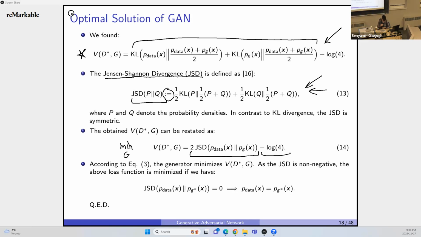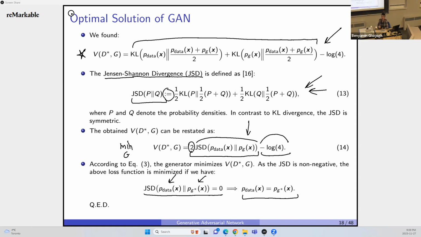Do you agree that JSD is a non-negative quantity? It's either 0 or greater than 0. So this is constant. I can't minimize it. Minimizing that, in the best case, it becomes 0. Agreed? So when this term is 0, the 2 behind that is just a scale, right? When this is 0, it means that these two are equivalent to each other, because two distributions are equivalent to each other if and only if their JSD is 0.